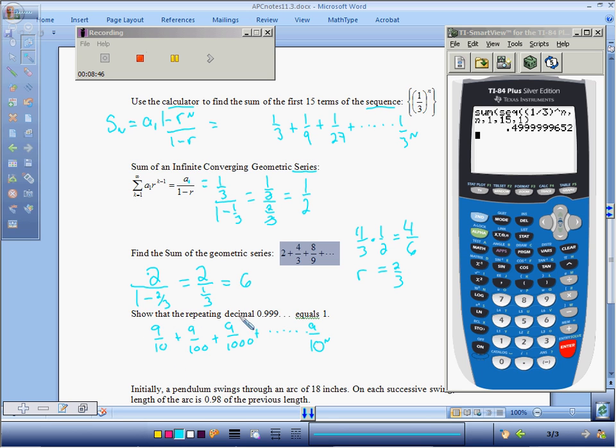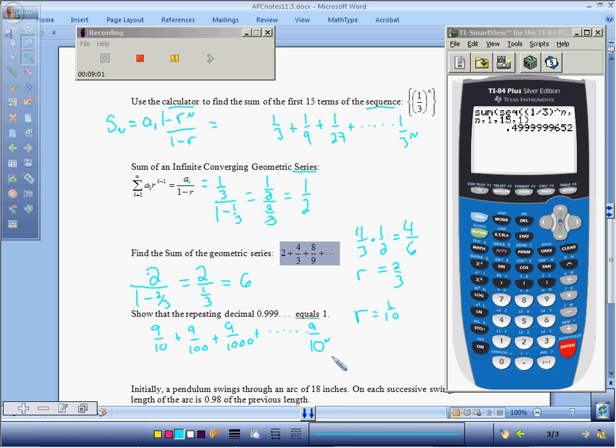And so this is equal to 1. Well, r in this case appears to be 1/10, you can see that I'm multiplying by 1/10 each time. And the starting value is 9/10.